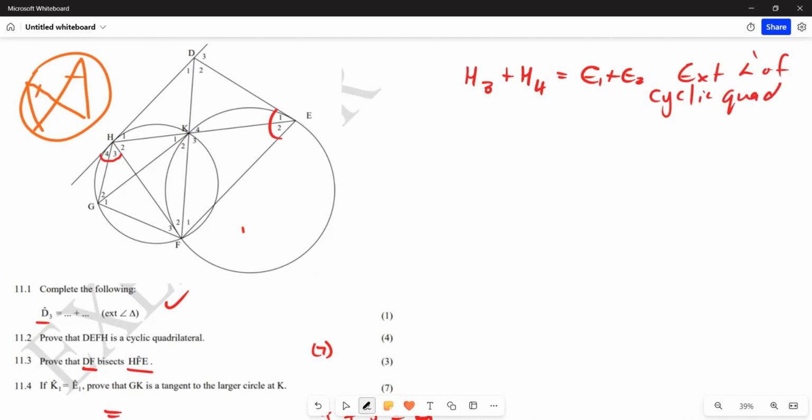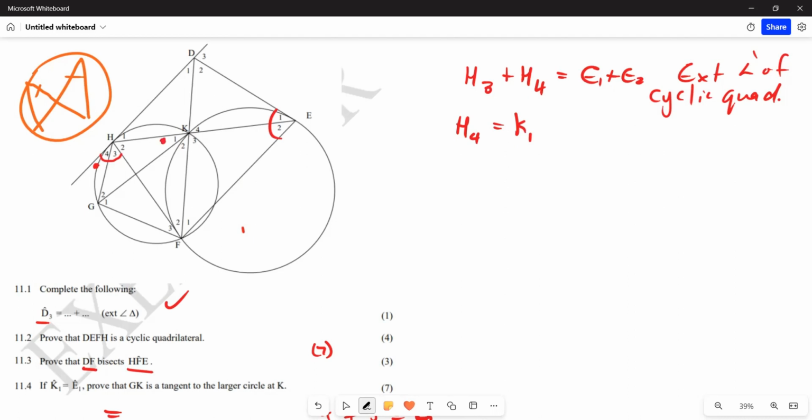Now, what else can you take note of from them? If you look at your angle H4, your angle H4 here is going to be equal to your angle K1, right? What is going to be the reason?